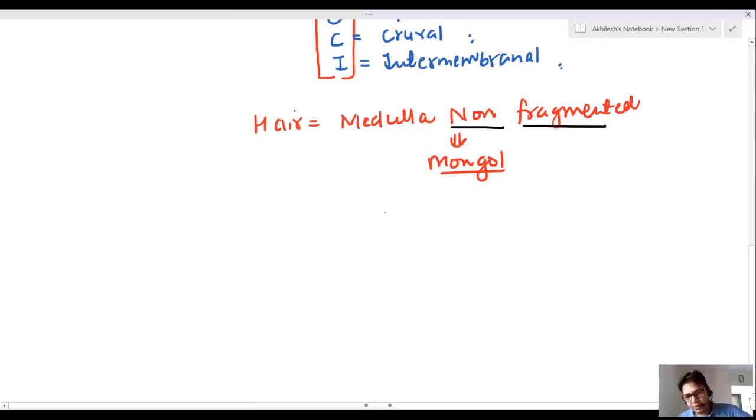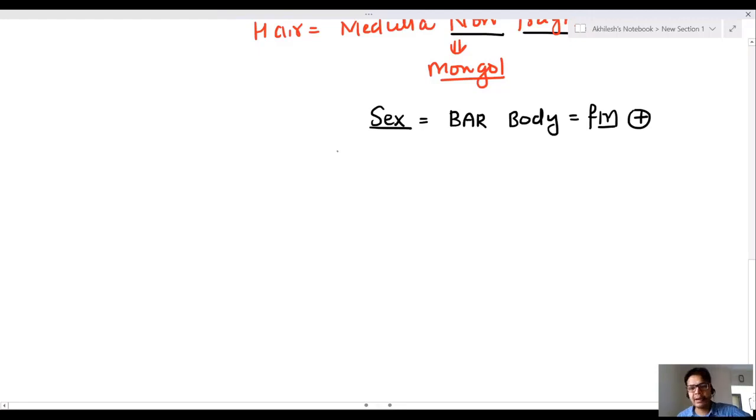Now, sir, what about sex? For sex, we have some bodies. One is the Barr body. Barr body is present in females.